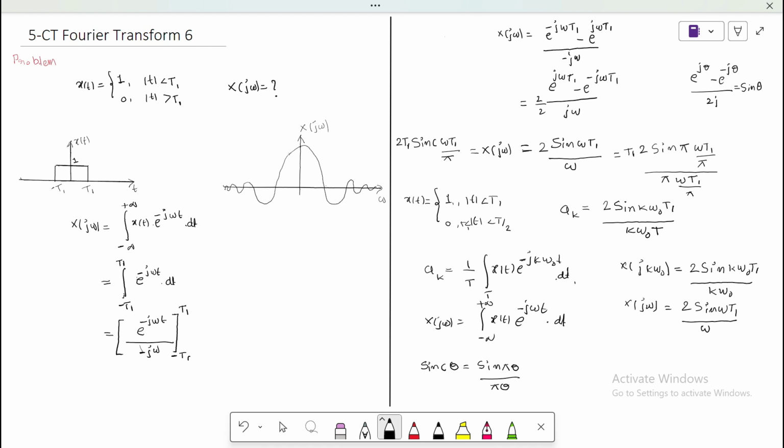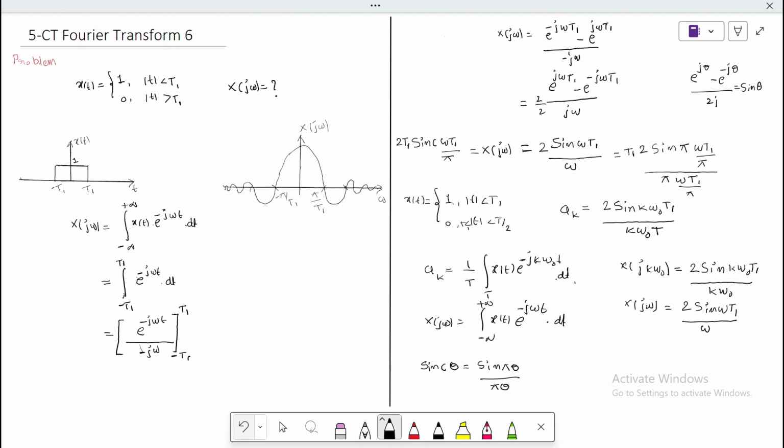So this is a sinc function. First, omega equals pi by t1, and this is minus pi by t1.